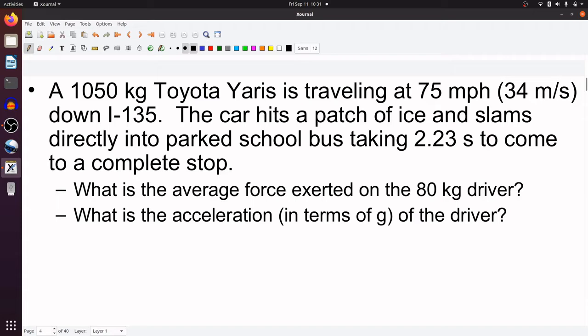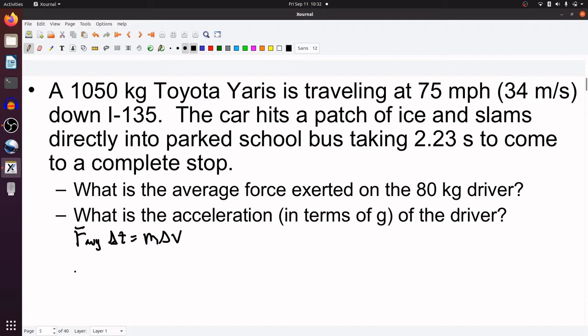Okay, so we don't know much about the school bus, but that's not relevant. Right now, we do know that we need to figure out the average force. And so remember that F average delta T is equal to M delta V, our impulse momentum theorem.